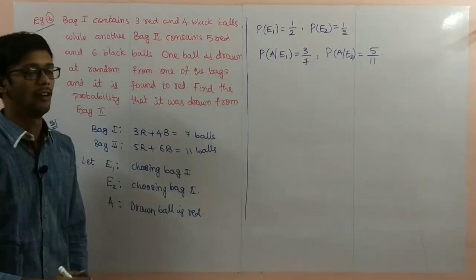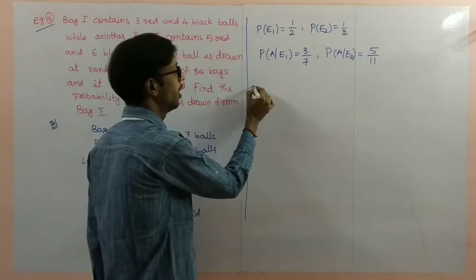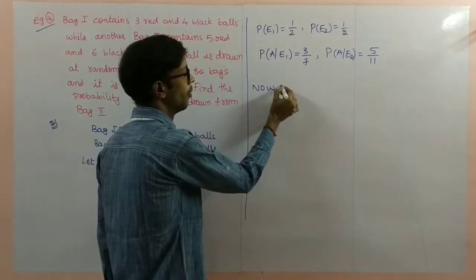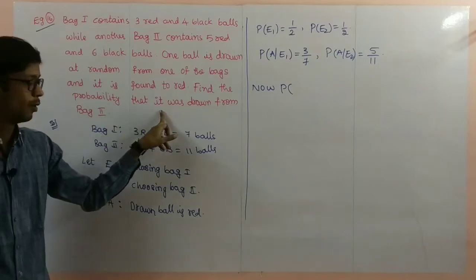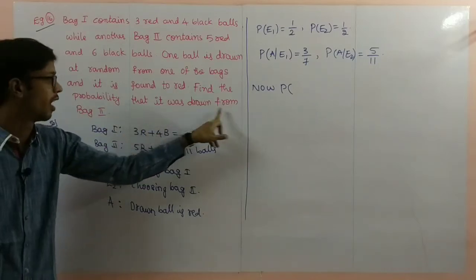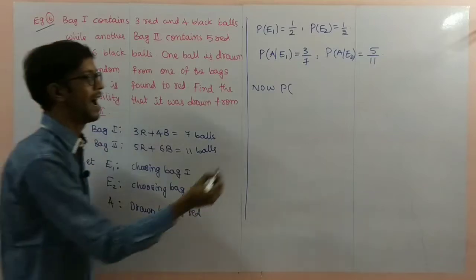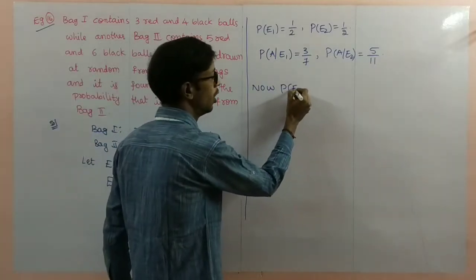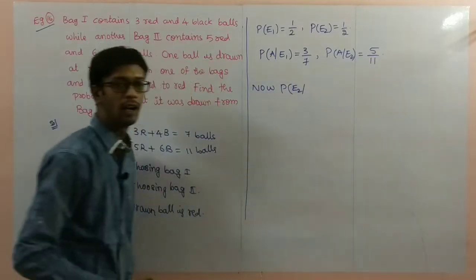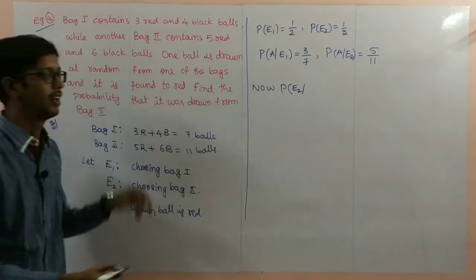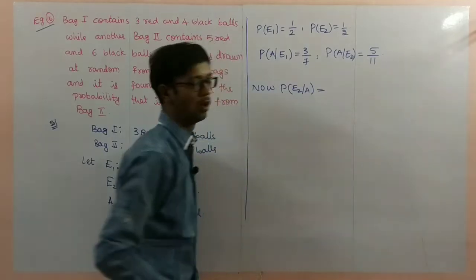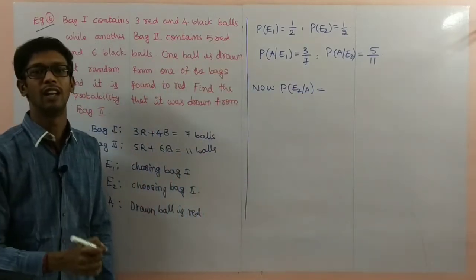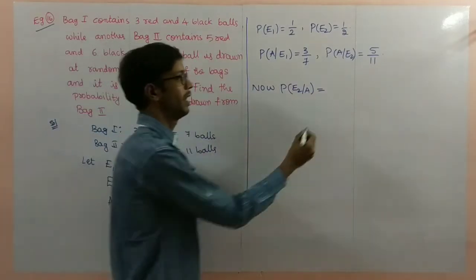Now what do we have to find? Find the probability that it was drawn from bag 2. Bag 2 means E2, with red already fixed. So P of E2 by A is equal to... now you have to use Bayes theorem. What is Bayes theorem?